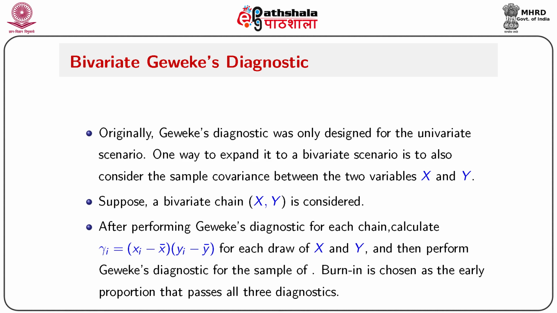After performing Geweke diagnostics for each chain, calculate this expression: gamma_i equals (x_i minus x bar) times (y_i minus y bar) for each draw of x and y. Then perform the Geweke diagnostic for this sample, and burn-in is chosen as the earliest proportion that passes all three diagnostics.